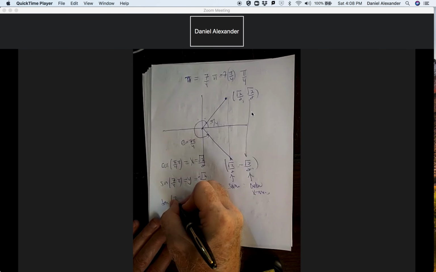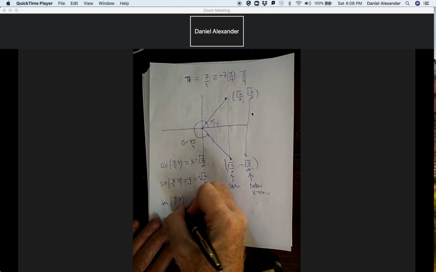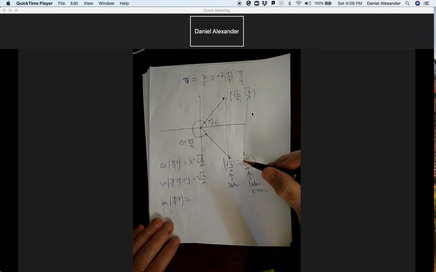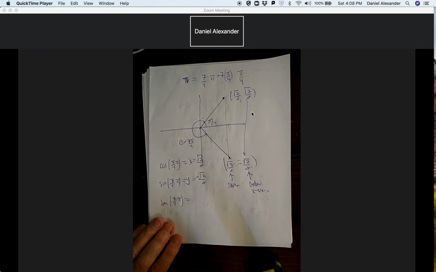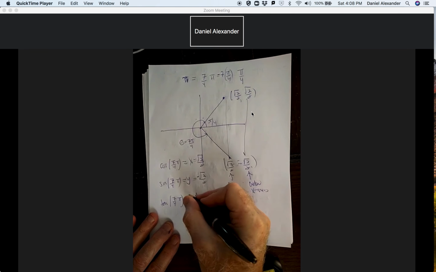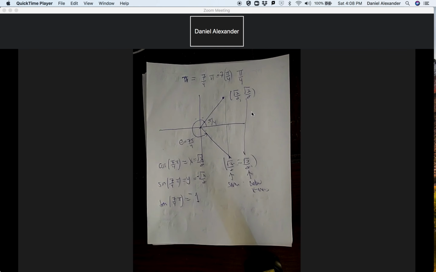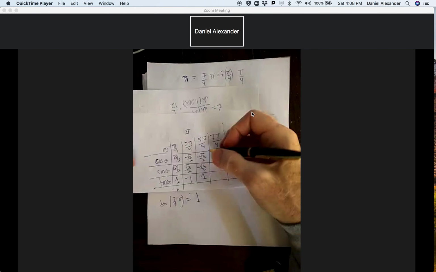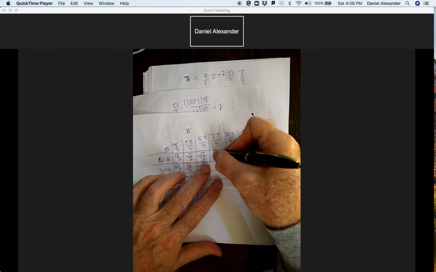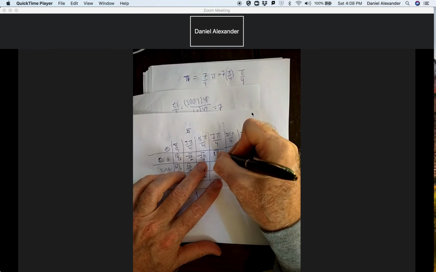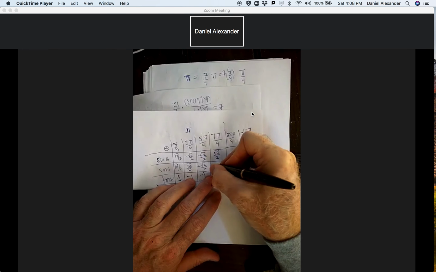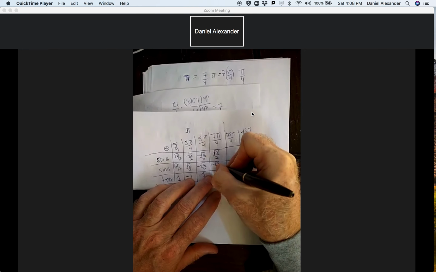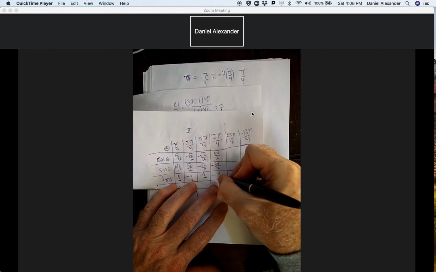And the tangent? Again, since x and y are more or less equal, one's negative, one's positive, it's going to be minus 1. Okay, so I'll go back to my chart. So the cosine at 7/4 is positive, the sine is negative, and the tangent's negative.